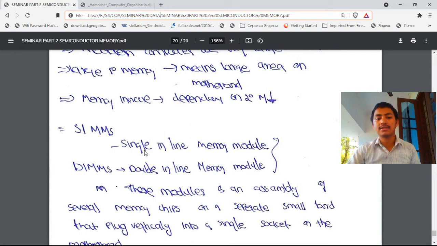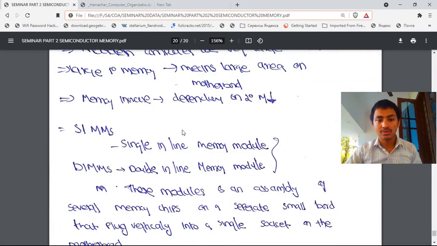That means both SIMMs and DIMMs are made by assembling several simple units on a separate board, and they are plugged in vertically. That's how we implement this, and we also use expansion cards.